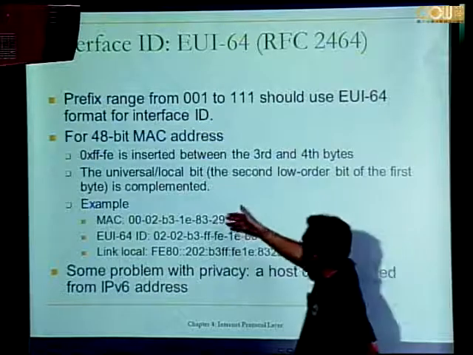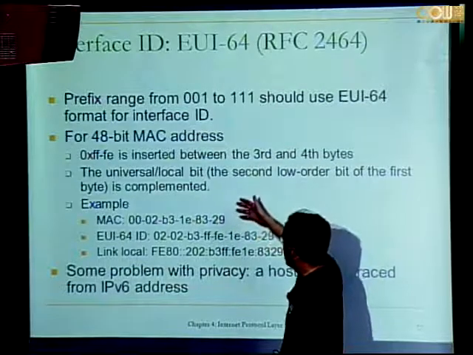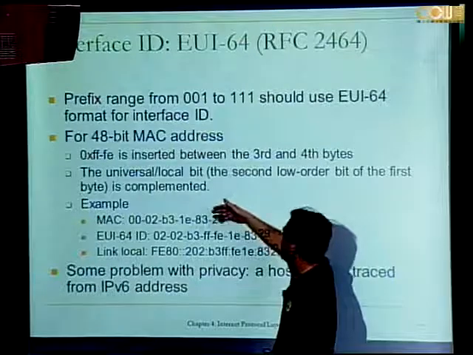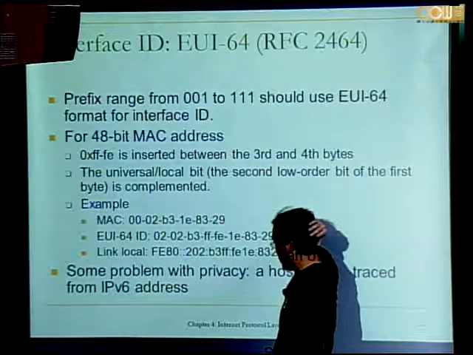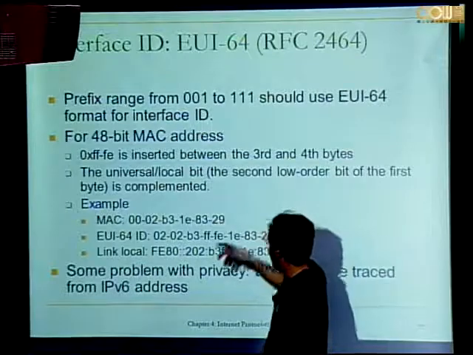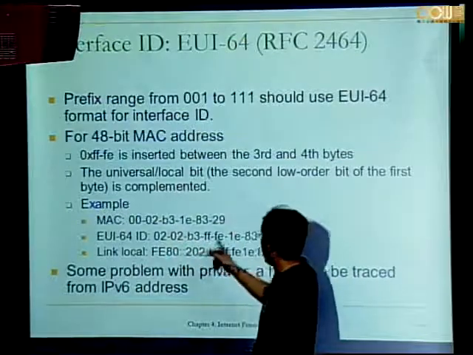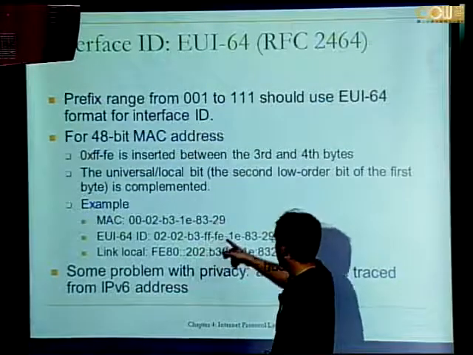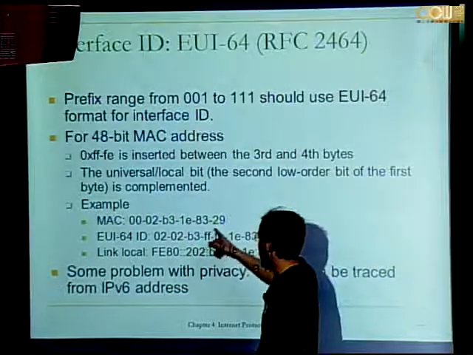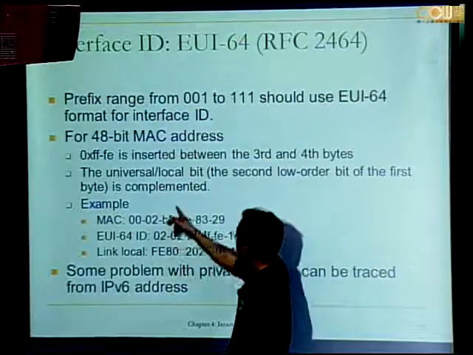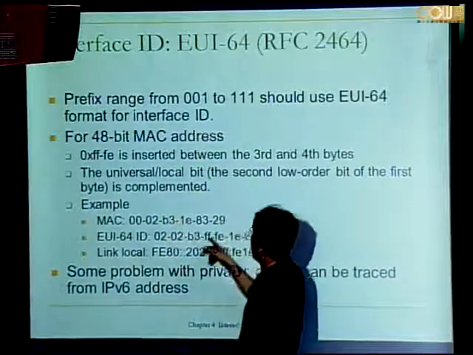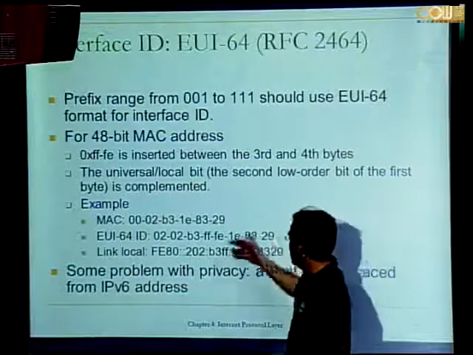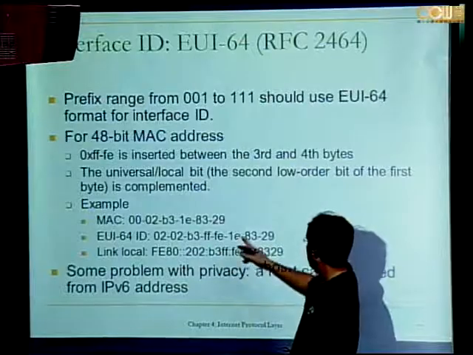This is your 48-bit MAC address, and since you need to construct a 64-bit host ID, you need to lengthen the address from 48 bits to 64 bits, and the way you do that, as you can see, is you add FFFE. You need to add 2 bytes within the middle of this MAC address. So you add this, and now it becomes 64 bits.